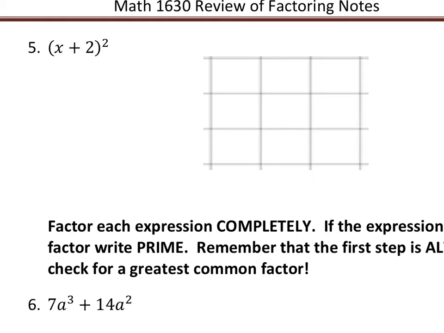And so our last example of multiplication, we have x plus 2 squared, and I put this one in here deliberately because I want you to remember that you don't just distribute that square. This does not equal x squared plus 4. If you do that, you totally lose your middle term.